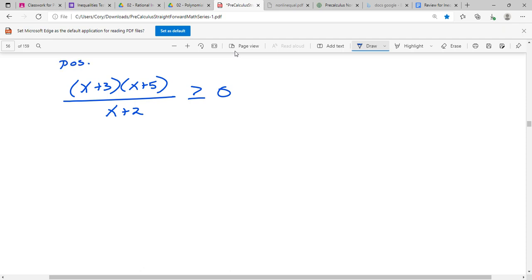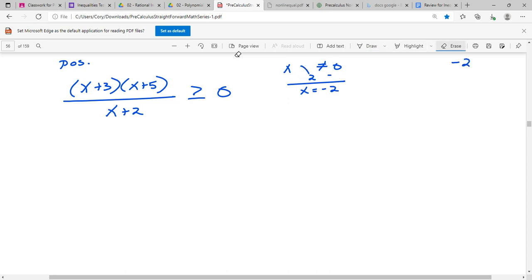And then my discontinuity would be where x plus 2 is not equal to 0, right? So we do minus 2, and we get x equals negative 2. So my discontinuity is negative 2.